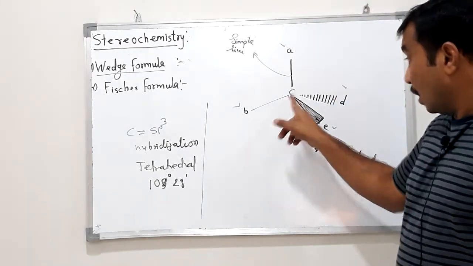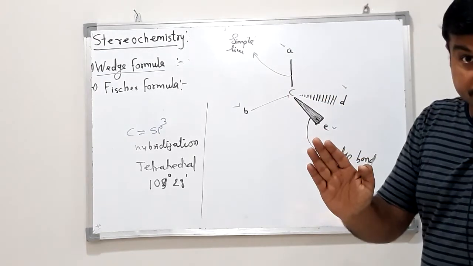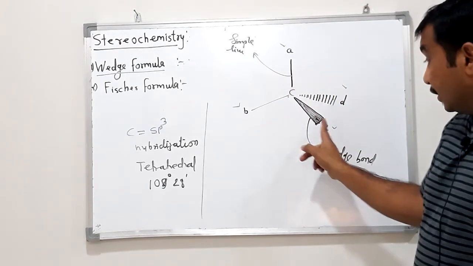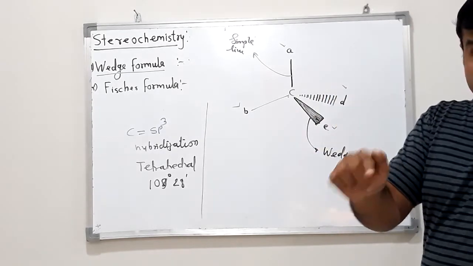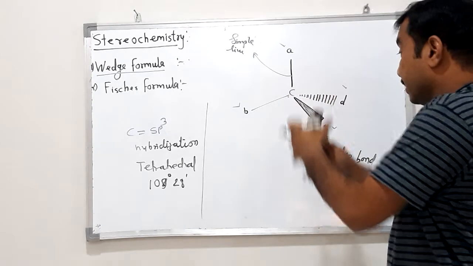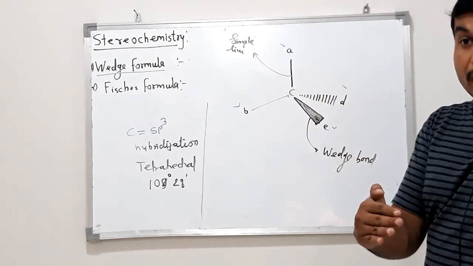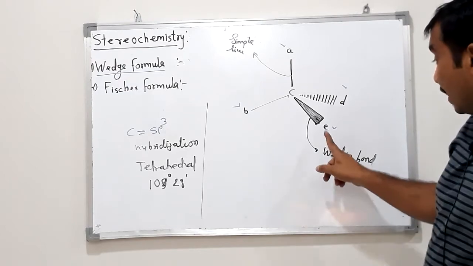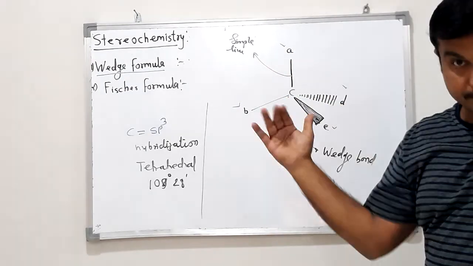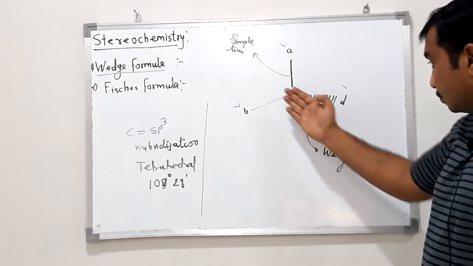It is not in the plane, and it is moving toward the observer. Suppose we are here observing this molecule from this side, then substituent E is coming toward you, out of plane. That is the meaning, and E is present on the front side of the plane.